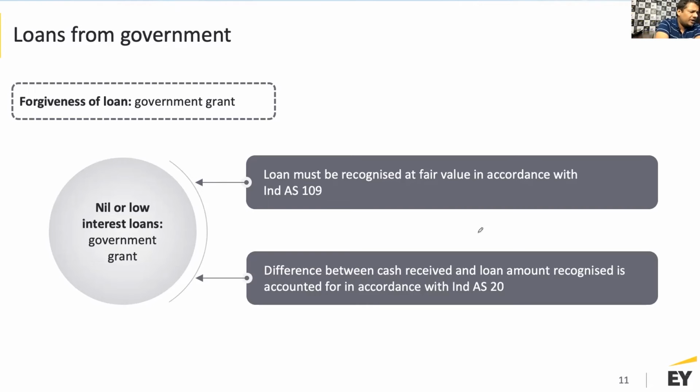The difference between the cash which is received and the loan amount is recognized and accounted for in accordance with Ind AS 20. So if there is an element of government grant or a government incentive, because either the loan has been waived off, or because no repayment is required, then you need to appropriately account for it under Ind AS 20.